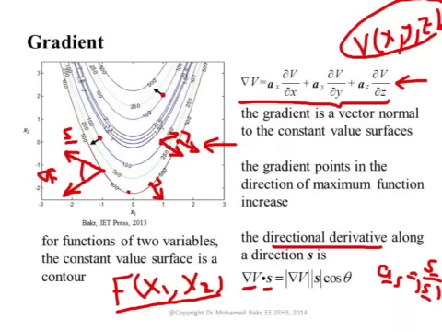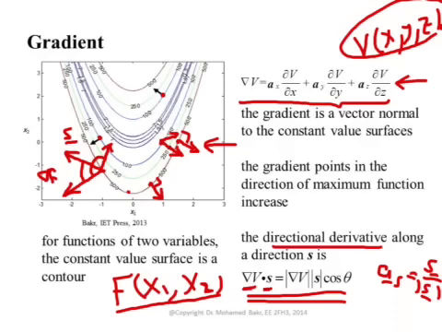The function must be increasing at a lower pace than it would in the direction of the gradient. But if you pick some other direction, say this direction here, the angle between this direction and the gradient is more than 90 degrees. And when you do this dot product shown in this expression, you get a negative answer. So this is telling you the function does not increase along that direction, it actually decreases.